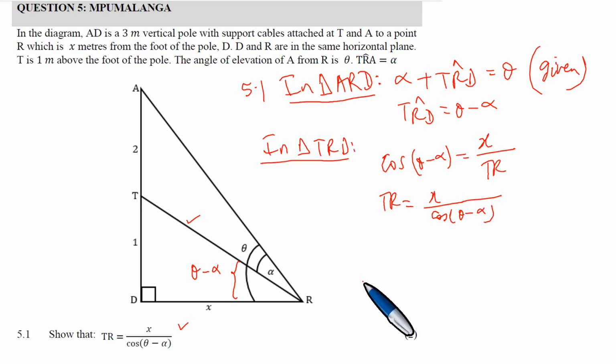This is the result. So we have been able to prove, for 2 marks, what the students had to prove in the province of Mpumalanga in this year's trials. Next question.